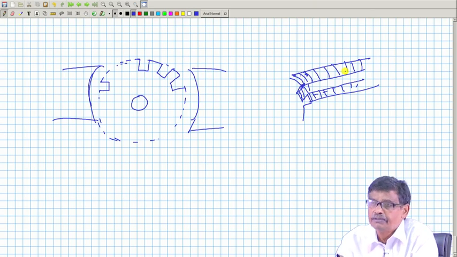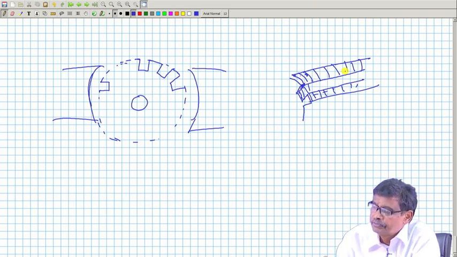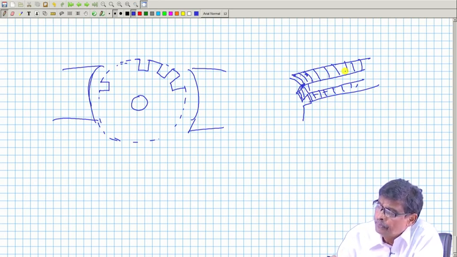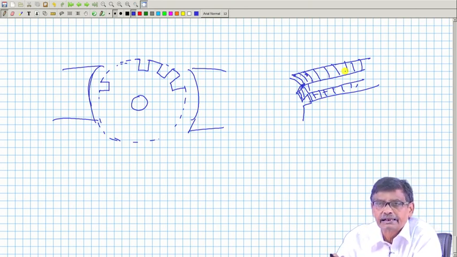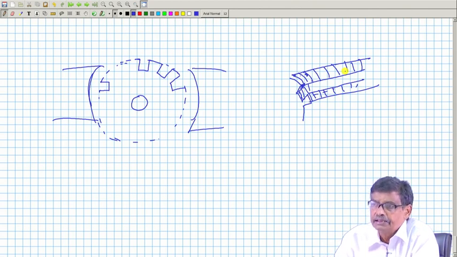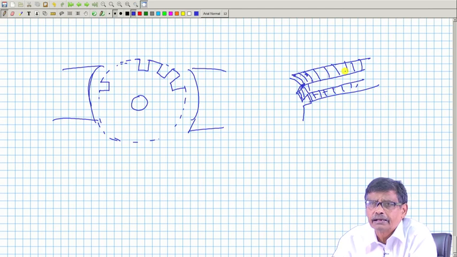Those things are still valid here, because after all AC voltage part only we are seeing. Therefore, to reduce eddy current loss, it directly depends upon the flux per pole, because from that I can calculate B. If I do Fourier analysis, I can calculate Bmax and so on.